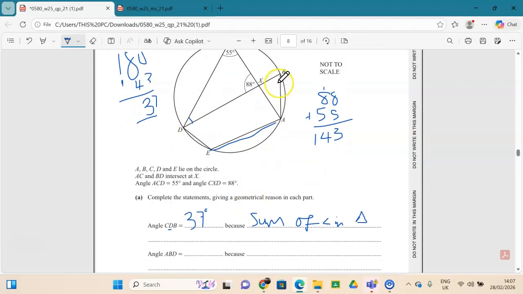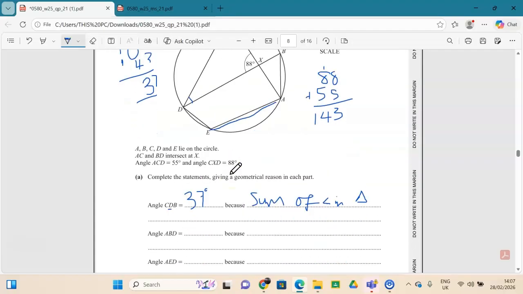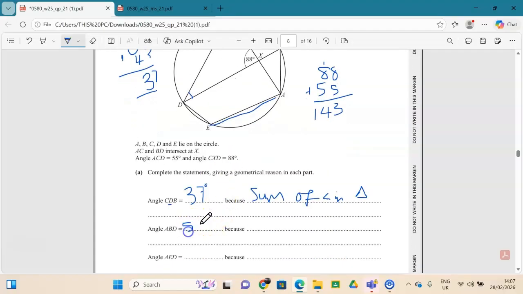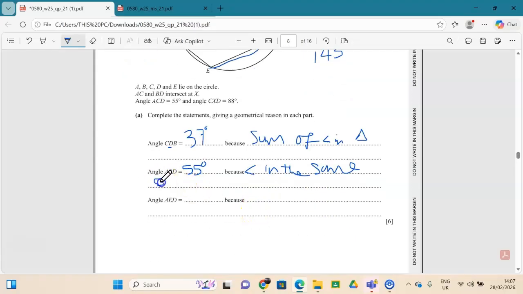So this very angle will be 55 degrees. Reason: angles in the same segment are equal. So we go to the last one.